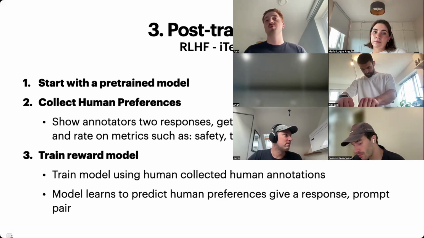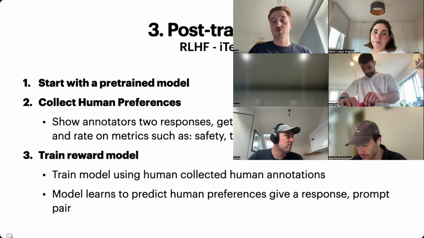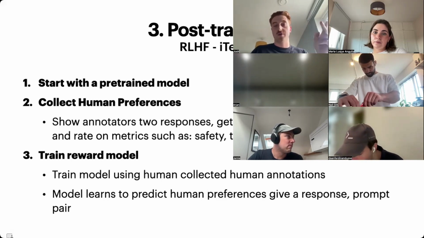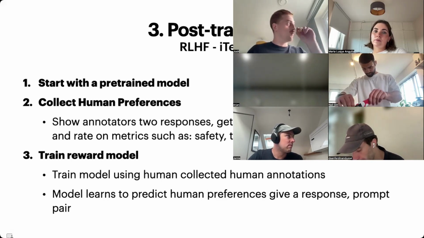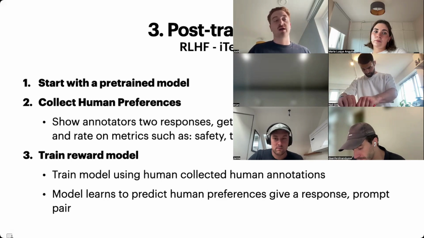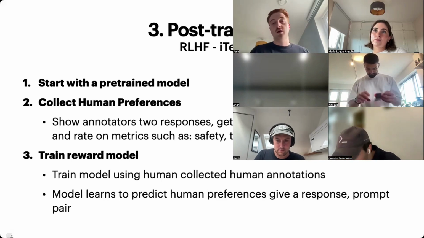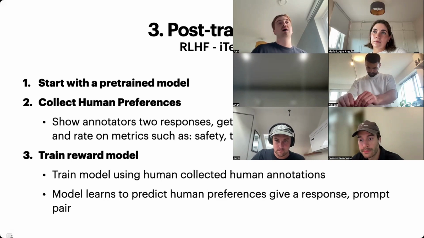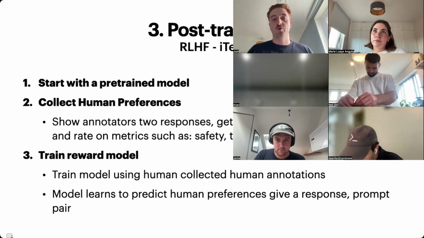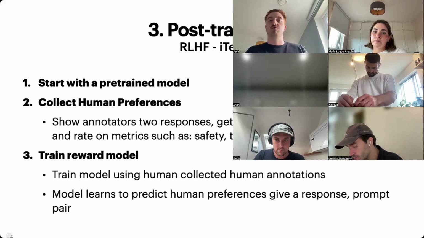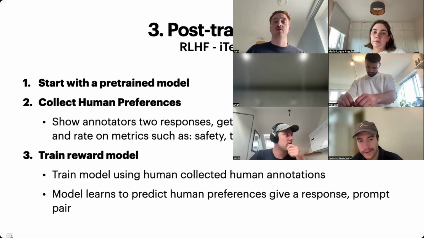So you collect human preferences where annotators look through two responses and select which of the two is their favorite, and they add some qualitative metrics to that as well. So they also rate on metrics such as truthfulness and safety, and they have a slider where they can convey exactly their preference. So one can be this response is slightly better, or this response is significantly better.